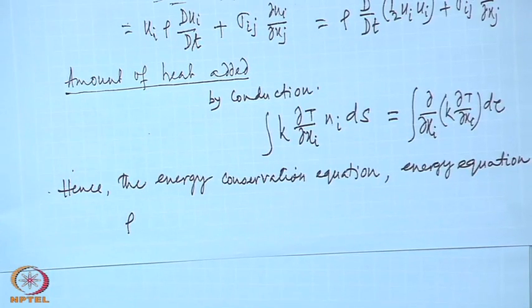First, the thermodynamical relation which is written for unit mass, we will write it as a rate equation, and we will also write it per unit volume instead of unit mass.